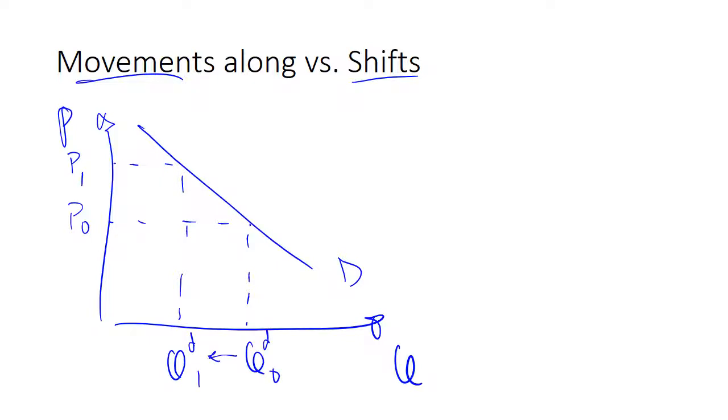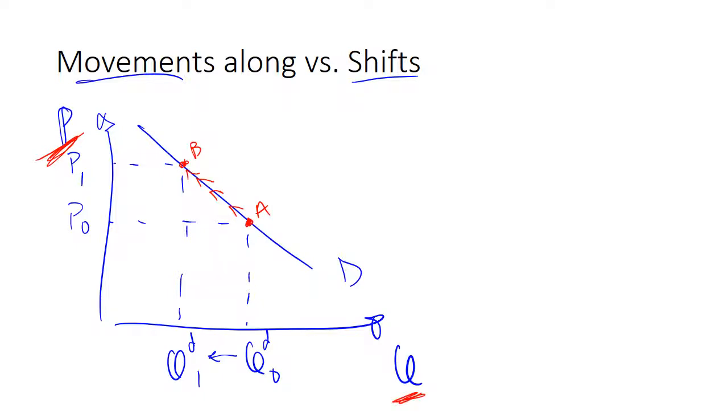Okay, so the movement from this point, we'll call it A, to this point here, B, this is a movement along caused by change in the price of the good in question. Now, what we're seeing with a movement along is the relationship between price and quantity.